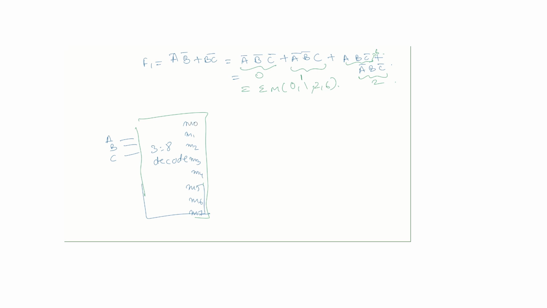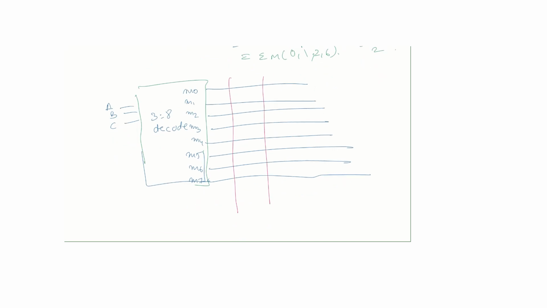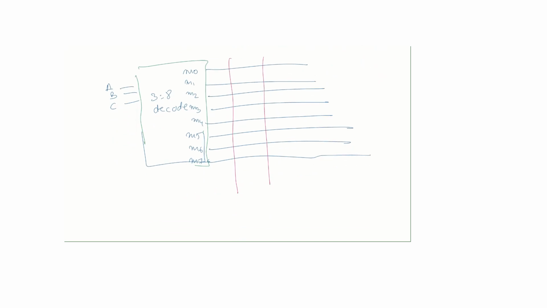So I can use an OR gate array to sum up all the minterms for F0 and F1. This will be F0, suppose, and this will be F1.